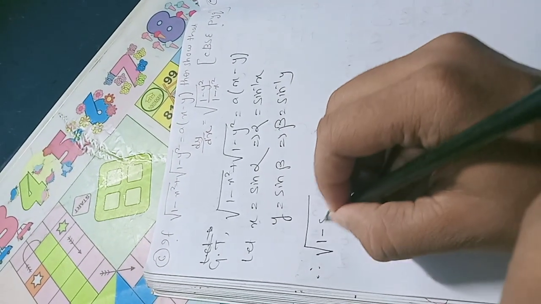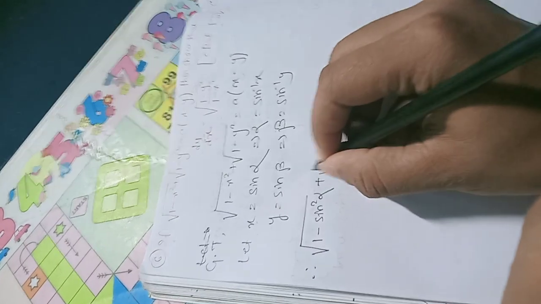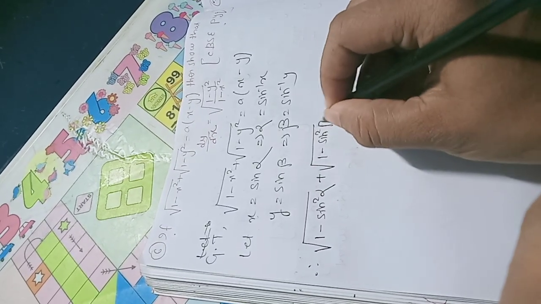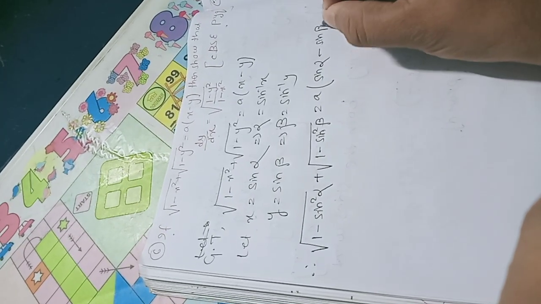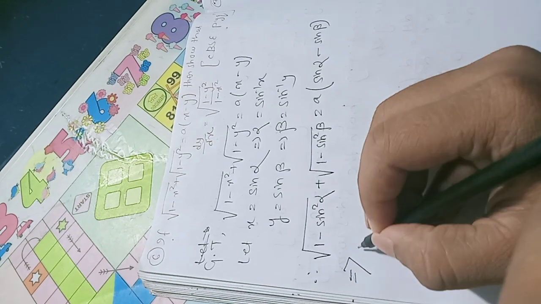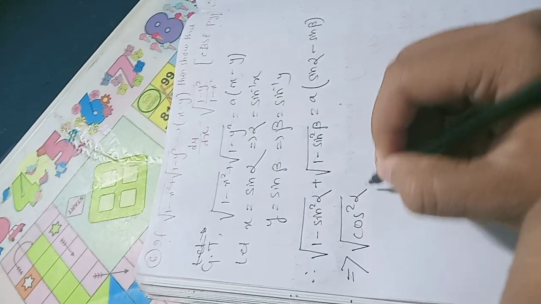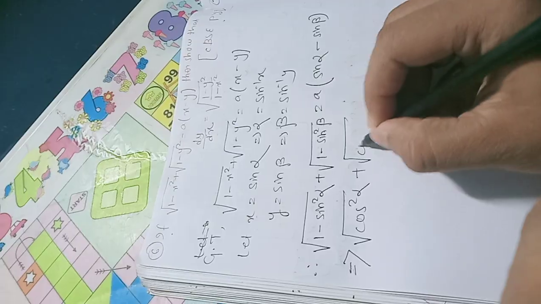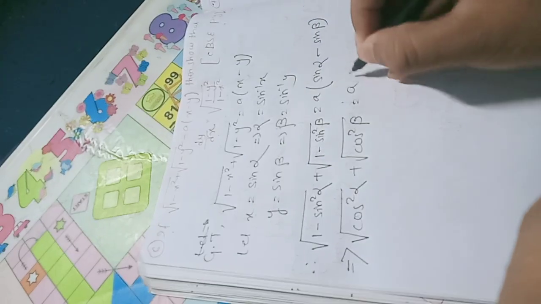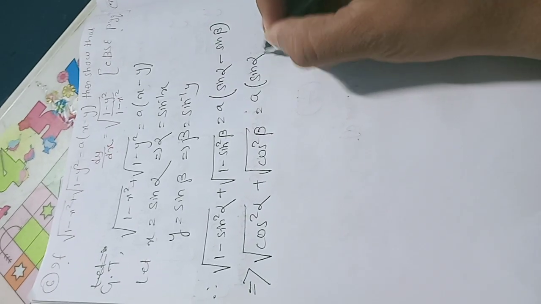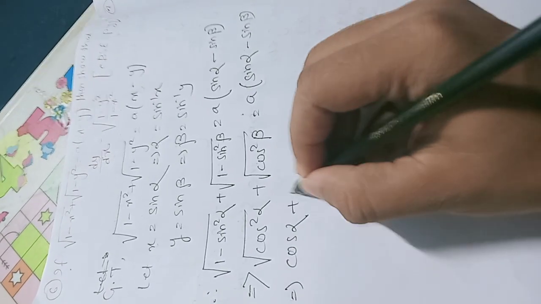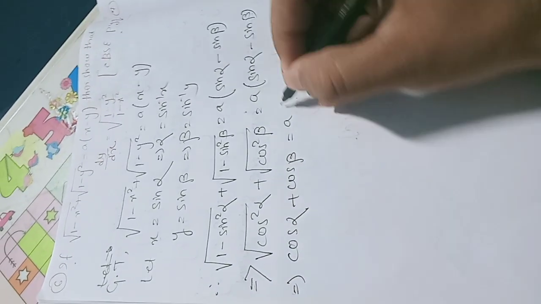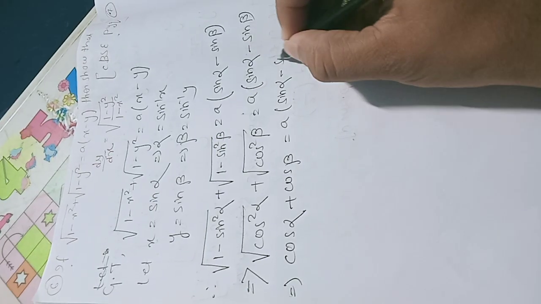So root over 1 minus sin square alpha plus root over 1 minus sin square beta is equal to a times of sin alpha minus sin beta. Okay, root over of cos square alpha plus root over of cos square beta is equal to a into sin alpha minus sin beta. Okay, cos alpha plus cos beta is equal to a into sin alpha minus sin beta. Okay.